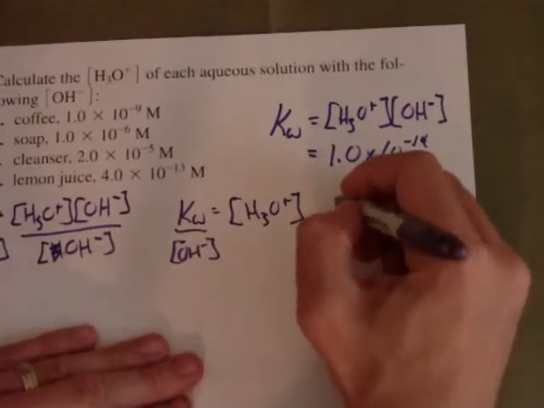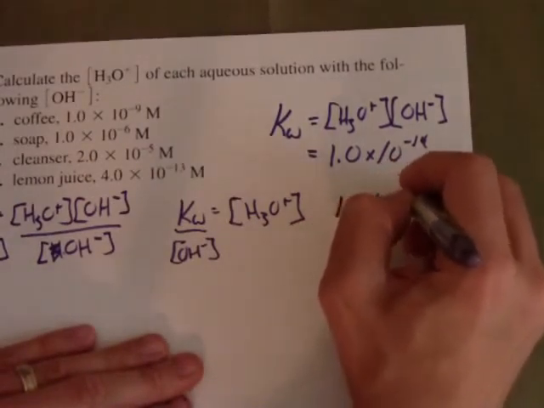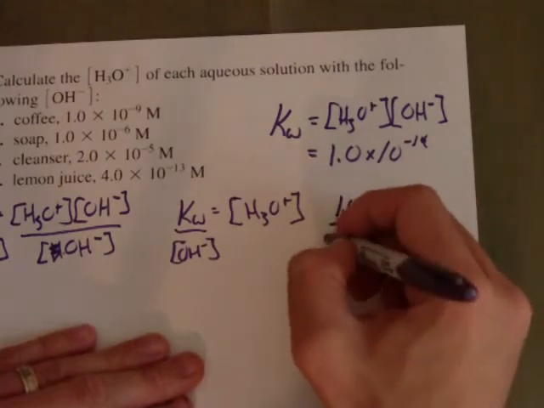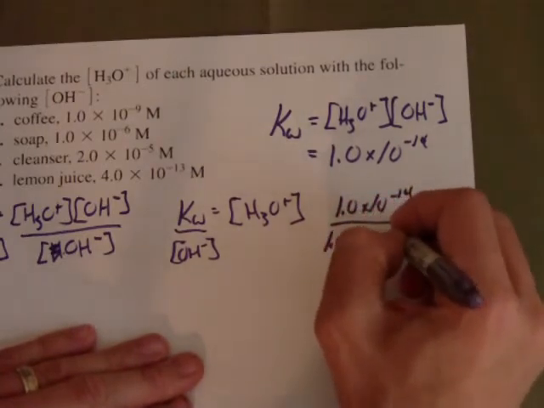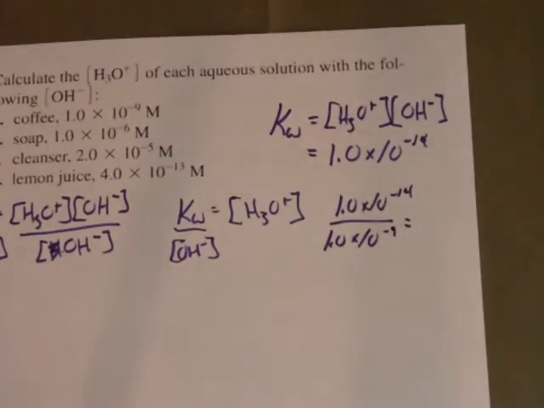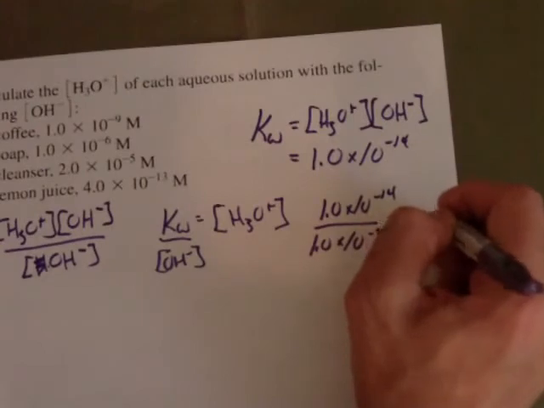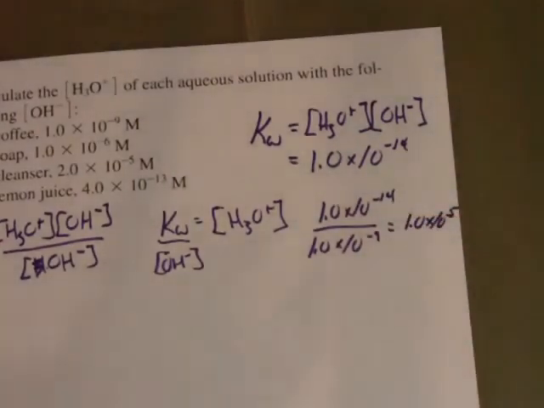In this case, we have 1.0 times 10 to the minus 14 divided by 1.0 times 10 to the minus 9. Plug it into our calculator, and we get 1.0 times 10 to the minus 5.